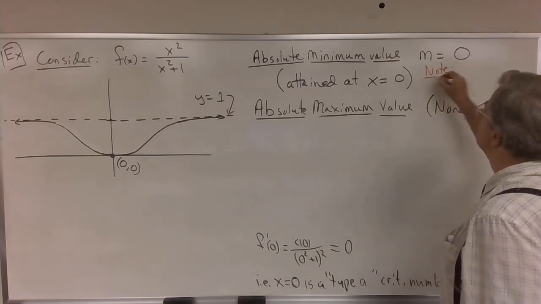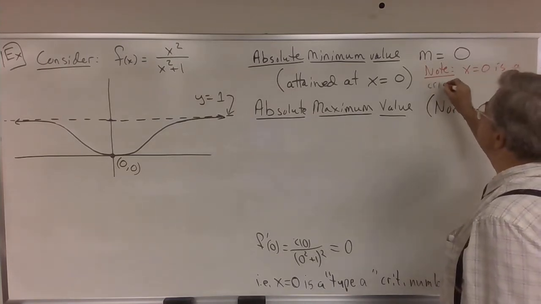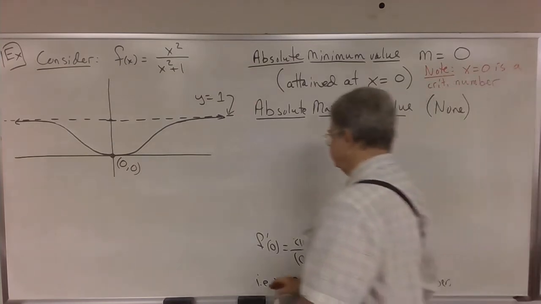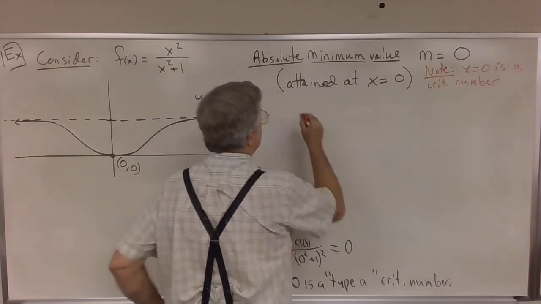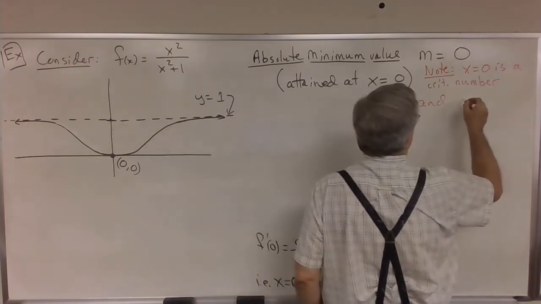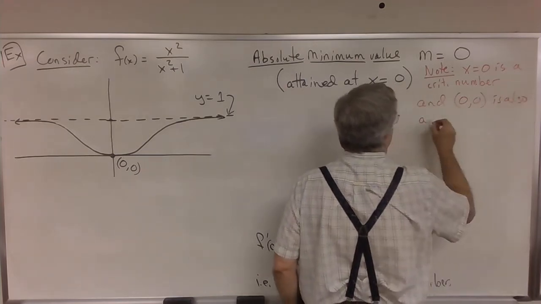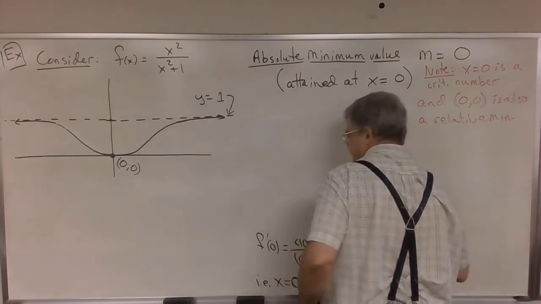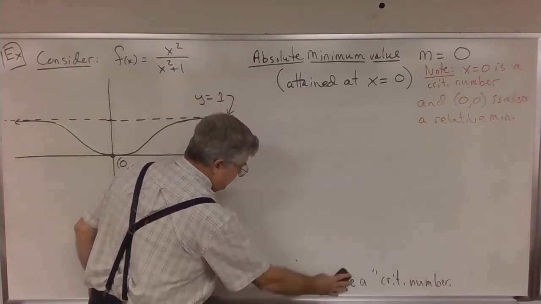Note, x equals 0 is a critical number and 0, 0 is also a relative min. We don't want that fact to escape our notice.